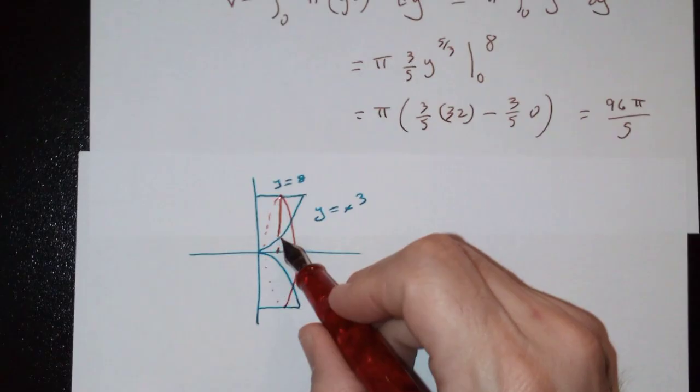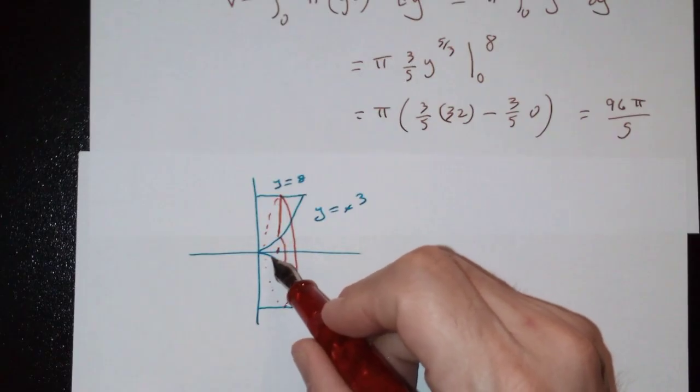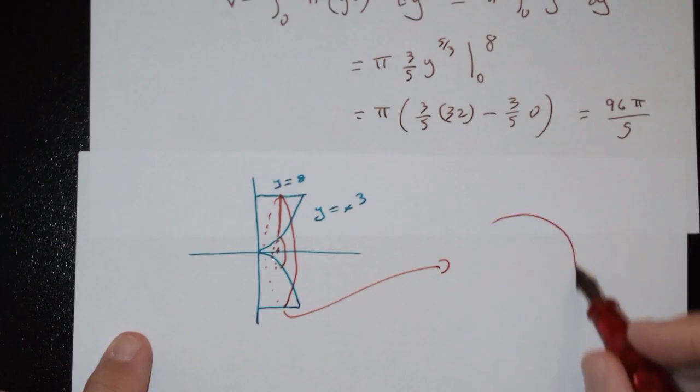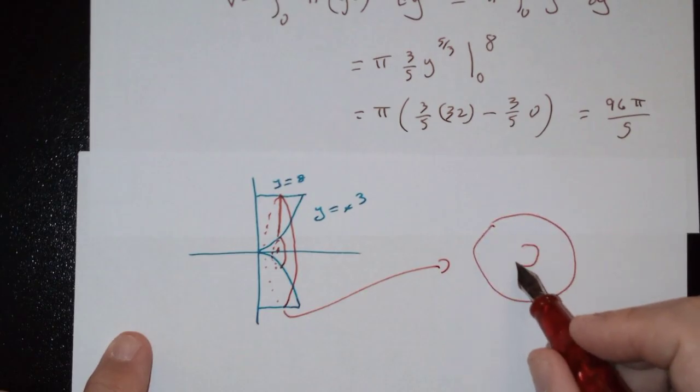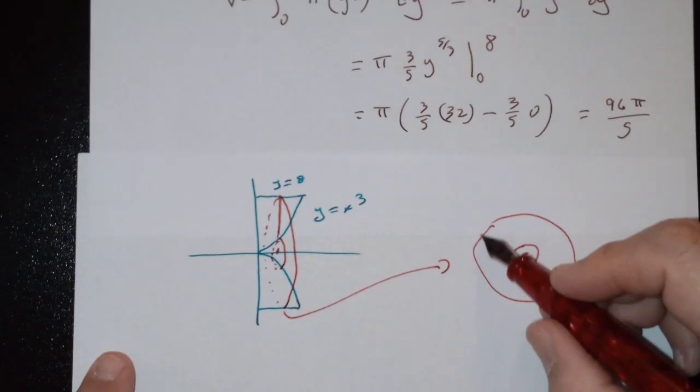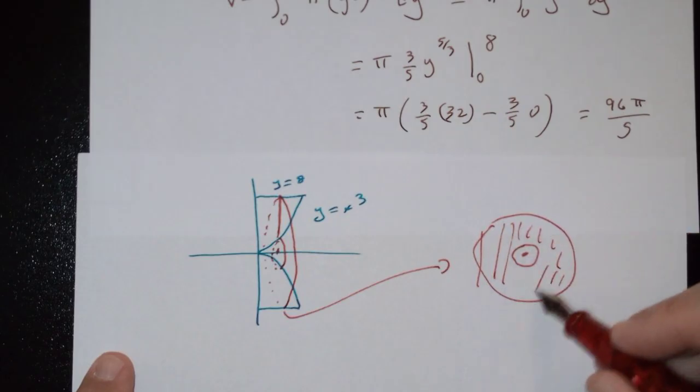But so does this. I don't get a disc anymore. If I pull this shape out, I get two circles, which are concentric. The area I'm looking for is between the two circles.